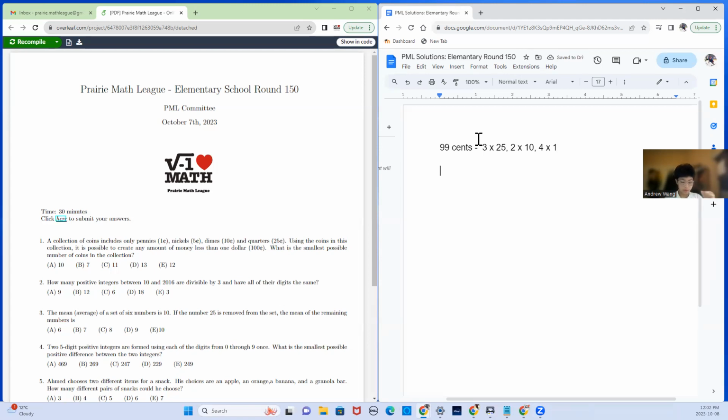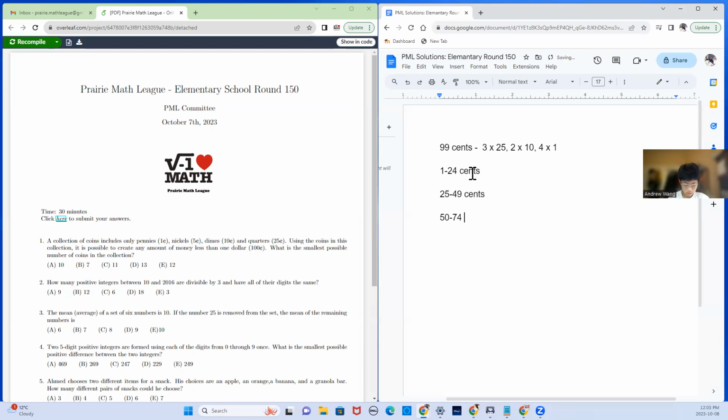Now we can look at trying to use these coins to make other possible values from 1 cent to 99 cents. So we can split this up into 4 ranges. The first range is 1 to 24 cents. The next one is 25 to 49 cents. Then 50 to 74 cents.